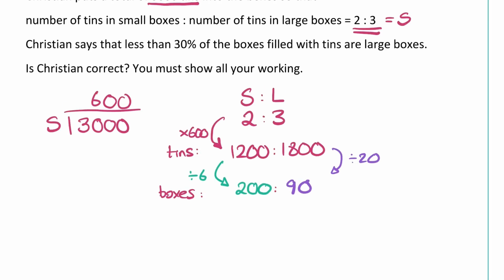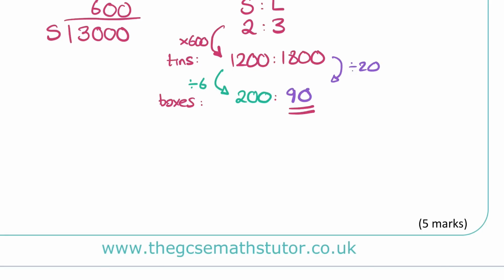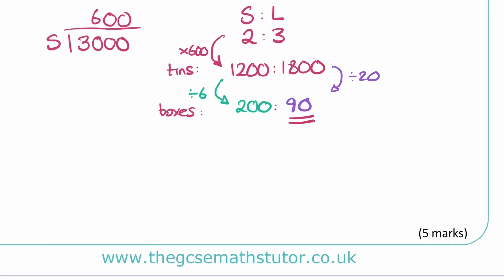So looking at the question, it says Christian says less than 30% of the boxes filled with tins are large boxes. Well, here are our large boxes. There are 90. Out of the total there's 290. So, can we work out the 30%? Is 90 30% of the total 290? Let's work that out. So over here we have 290 boxes.